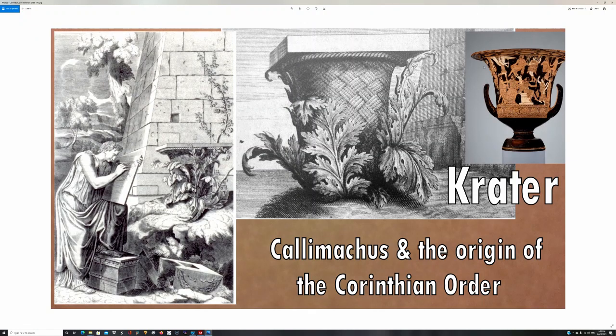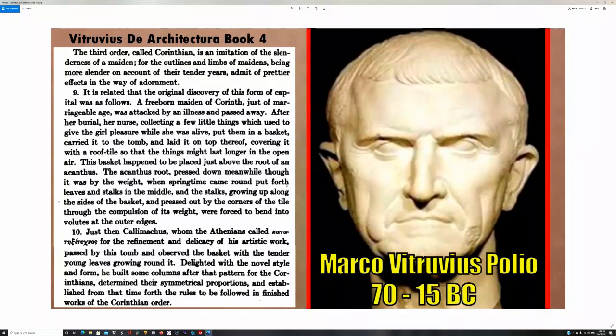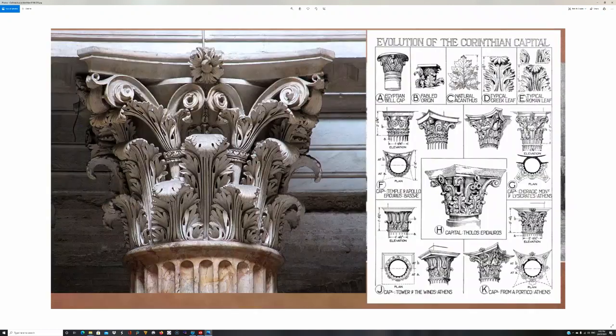There are large jugs and smaller versions of them as well, but this is an important feature in regards to the origin of the Corinthian order and how it came about. In Vitruvius, Book 4, he describes the Corinthian order, but he also tells the story of its invention and how the idea came to Callimachus, and I'll show that next.